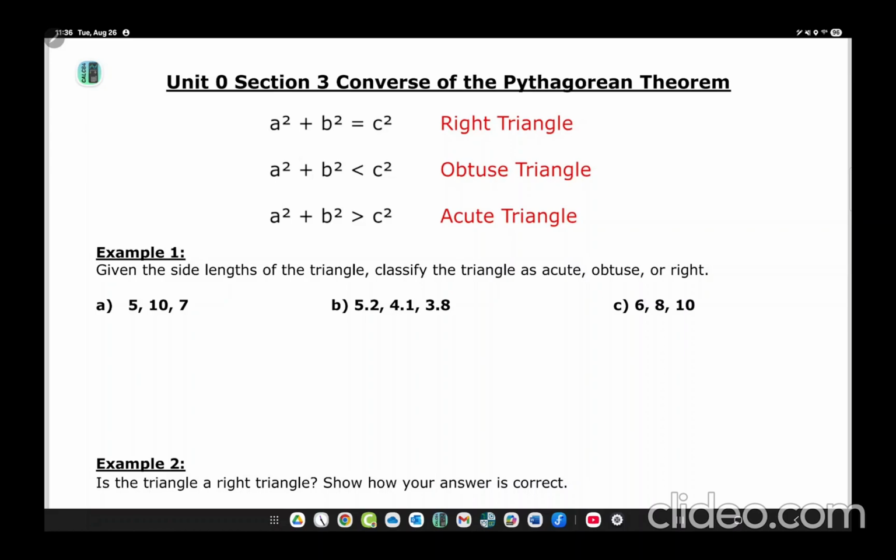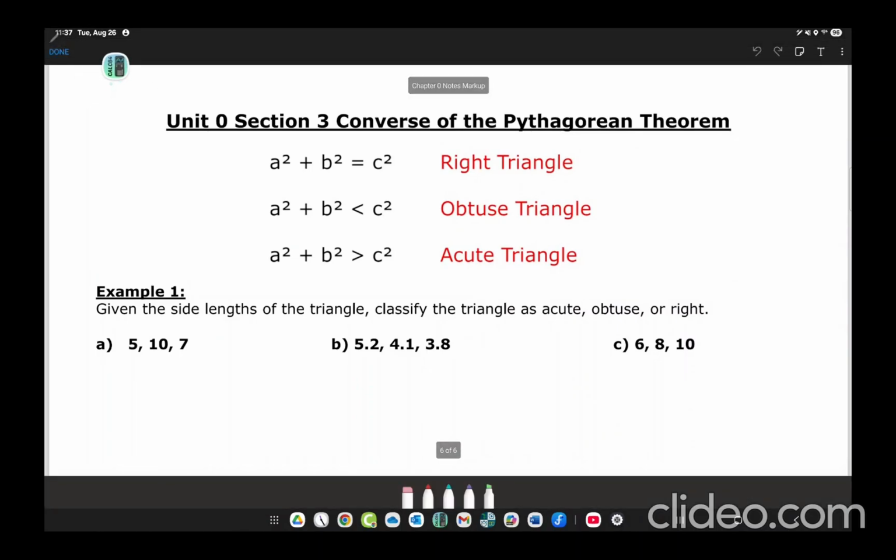Well, today we are going to be proving that we have a right triangle, or we have some other type of triangle, okay? So, if a squared plus b squared equals c squared, this is the converse statement.